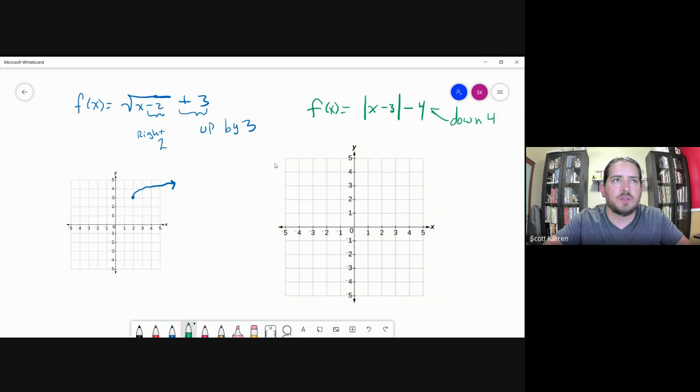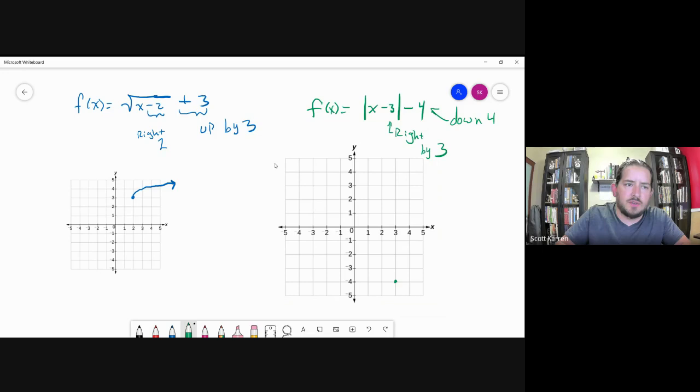by 4 and right. Remember that inside the function means left or right, but opposite the sign. So right by 3. So right 3 and down 4 means that the bottom of my V starts here.